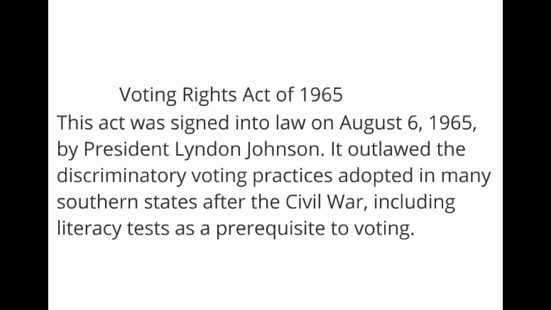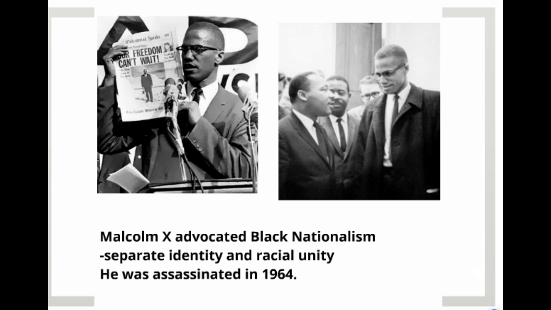I need to point out before we leave this lesson that the nonviolent civil disobedience approach from Dr. Martin Luther King Jr. was not the only approach. Here we see Malcolm X, who advocated a different approach. He called it black nationalism, where he advocated a separate identity, separating from whites, racial unity.